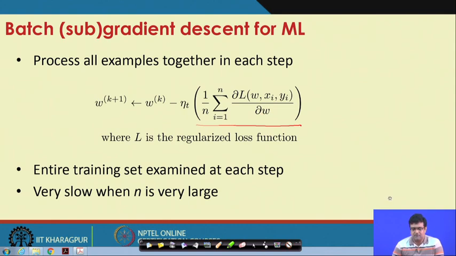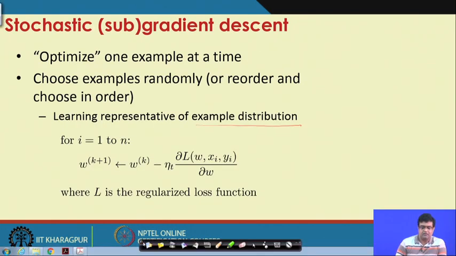So, stochastic subgradient descent is an algorithm which takes only one example at a time and does a similar kind of iterative update.